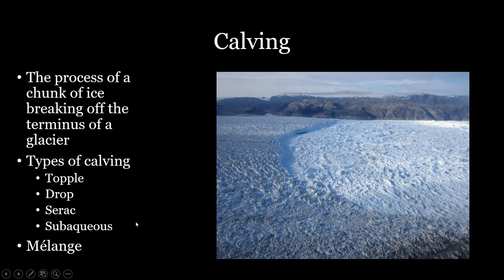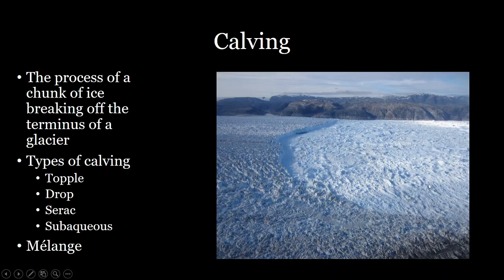When we have calving, sometimes we also have the formation of a melange. A melange is just a slurry of icebergs and broken up pieces of ice that develop in a fjord outside of the terminus of the glacier, that fill up the fjord with this ice. That's really important for the ocean life that live there.